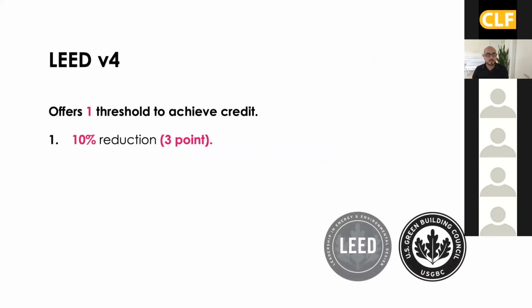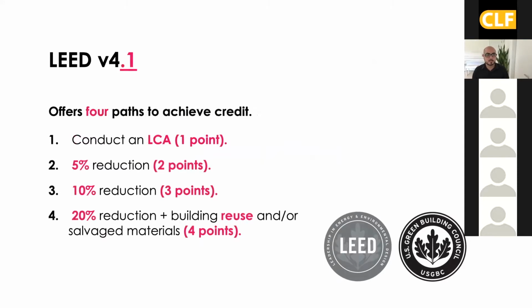If you are aware, LEED v4 had Option 4 for the whole building life cycle assessment credit, which had one threshold. A 10% reduction would get you 3 points. In LEED v4.1, the changes were really impactful, where you get different steps, or you are guaranteed 1 point by doing an LCA. You don't even need to create a baseline model.